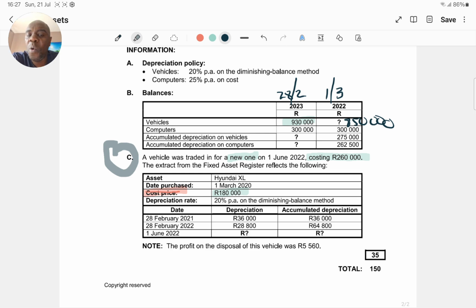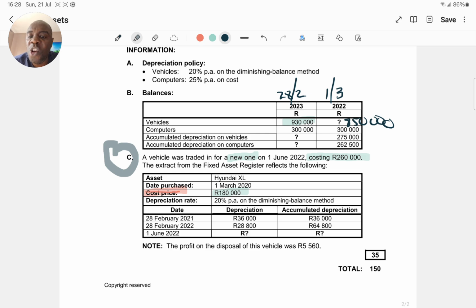Remember, this vehicle was initially bought on the 1st of March 2020. Then it was used for almost 2.5 years. And then the vehicle had lost some value. So when we take it back, this vehicle has lost some value. But what is the value that the dealership is going to accept for this particular vehicle?